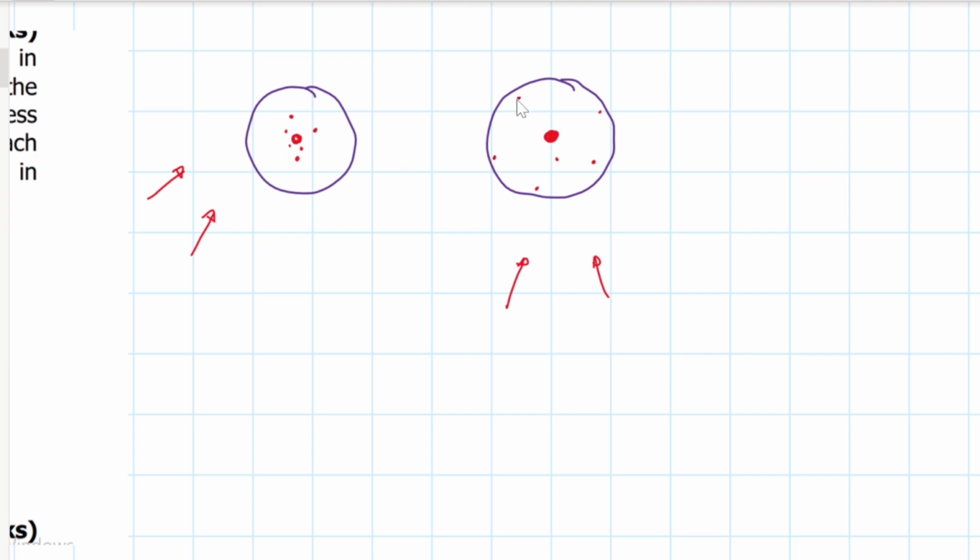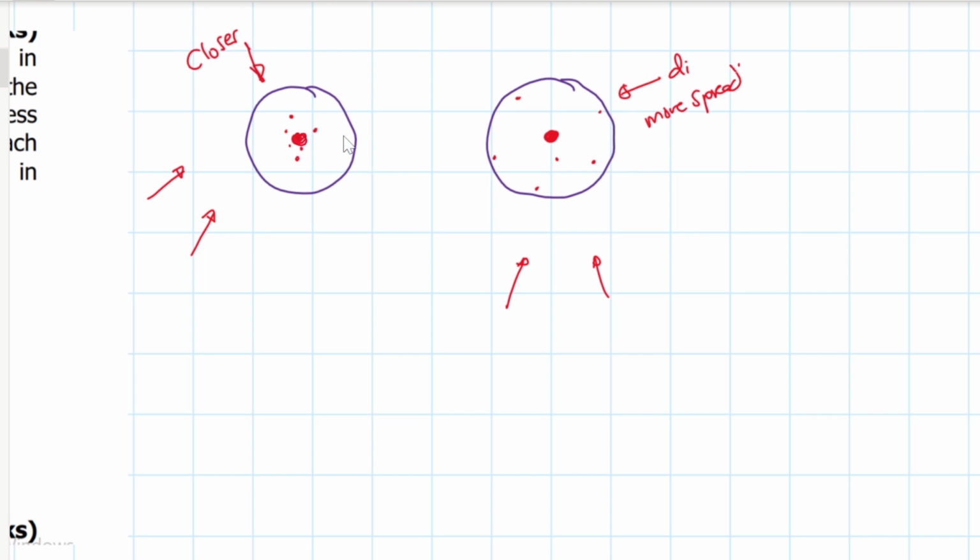In other words, you're hitting far away from the target here. The targets here are closer to the target. These ones are far apart. They are distributed. They are more spread. Here, these ones are closer to the bull's eye.